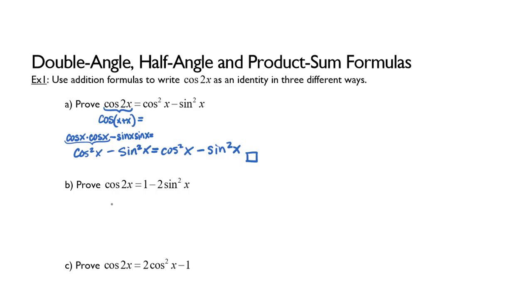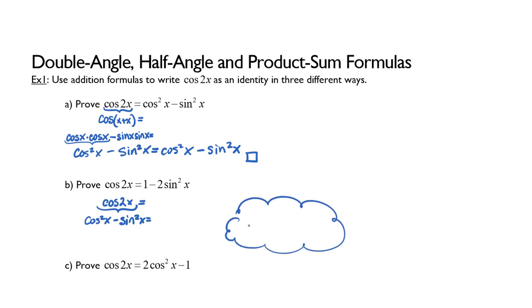If I know from the previous example that cosine of 2x is equal to cosine squared x minus sine squared x, then I can replace this cosine of 2x with cosine squared x minus sine squared x.